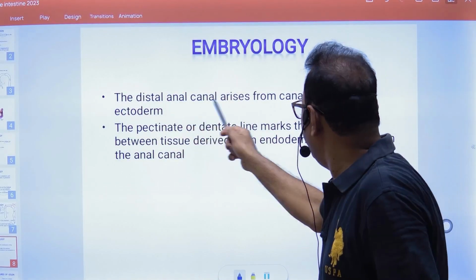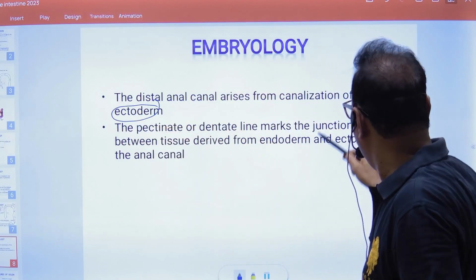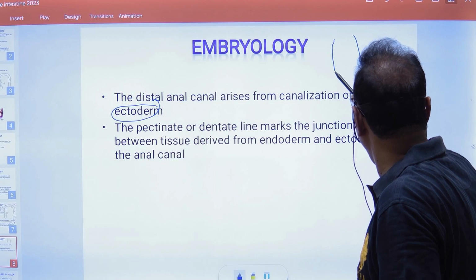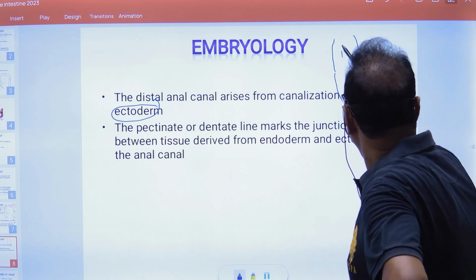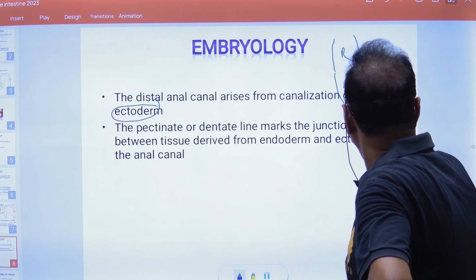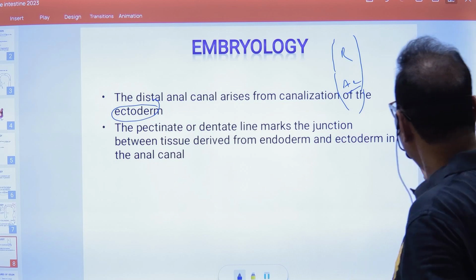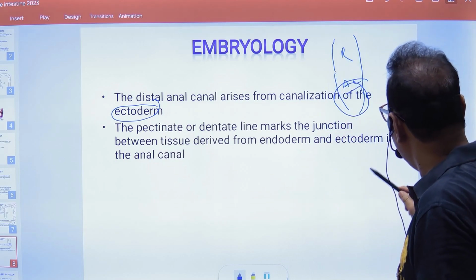The distal end of the anal canal arises from the canalization of the ectoderm. We have the rectum over here and the anal canal over here. This distal portion of the anal canal will develop from the ectoderm.